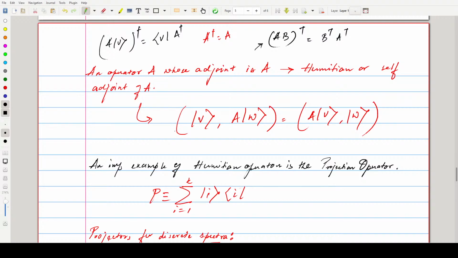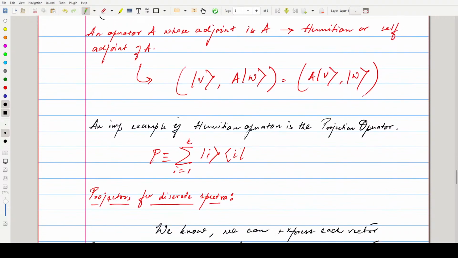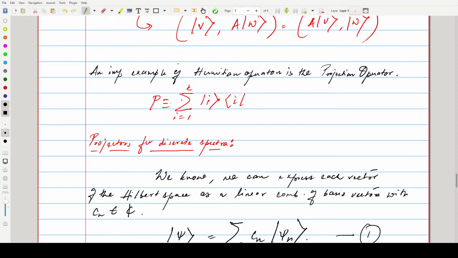Okay, so a very nice example of this, as we have mentioned here, is the projection operator. And what are projectors for discrete spectra? I'll come to that. So essentially, what is happening over here is that let's say we have just one k, so k equals 1.